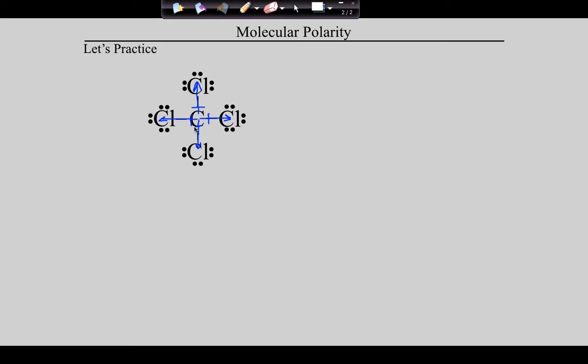Carbon is being stretched in all four directions because these chlorines are stronger than the carbons, and as a result, all four of these bonds are being pulled outward. So guys, here then becomes the question. We now understand that each one of these bonds is polar, but is the molecule polar? And this is a question of symmetry.